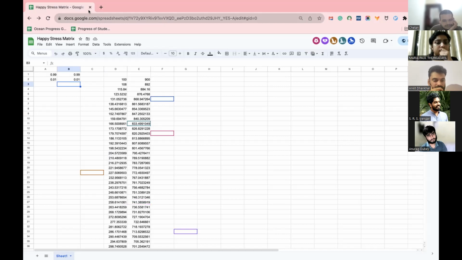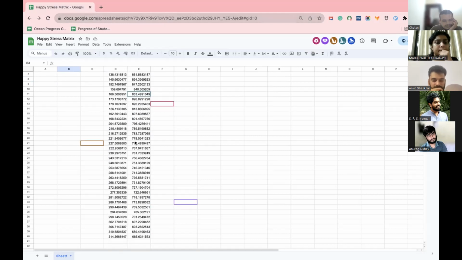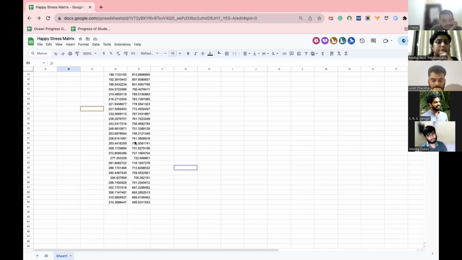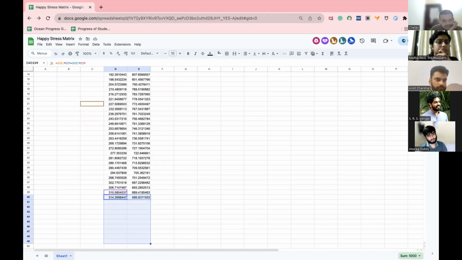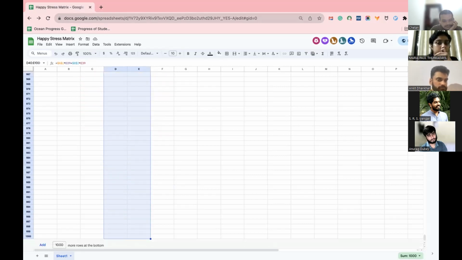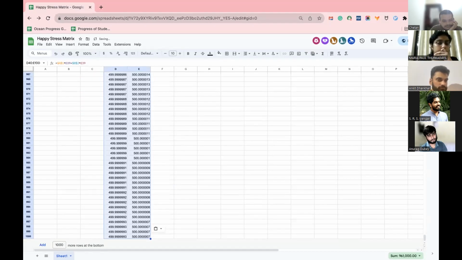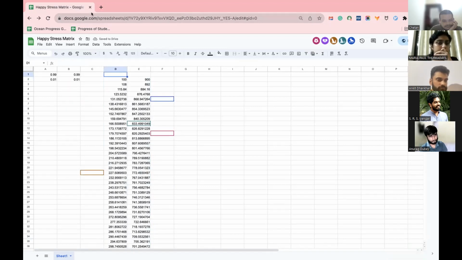But with 100,000 iterations, it will converge. Go down and check, it's converging to half and half.